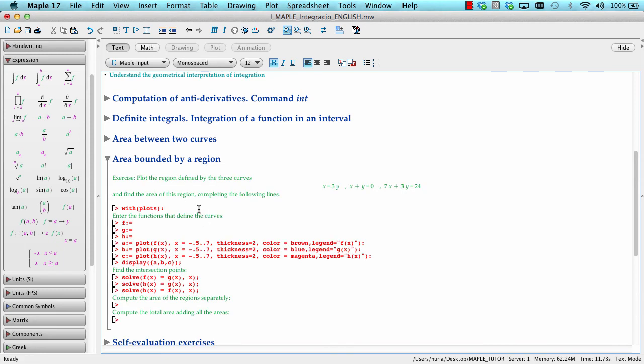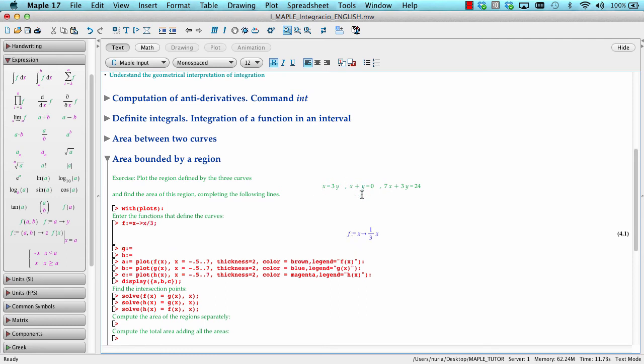Now here we have three functions, but they don't give us the functions directly defined by y equal to. So we should isolate the y. In the first function, we get that f is going to be y equal to x divided by 3.